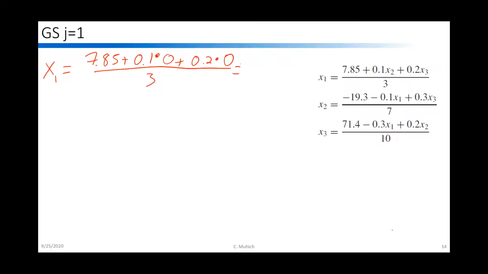So just as before, we end up with 2.616667. Now the difference between this run and the Jacobi method is we're now going to use this 2.616667.